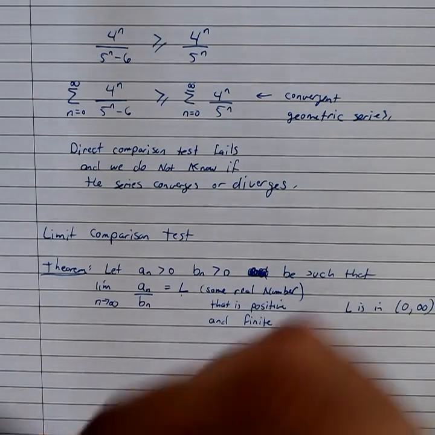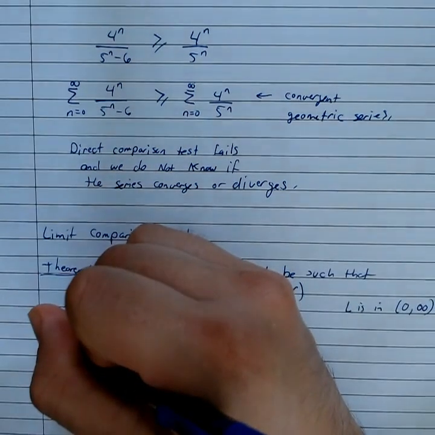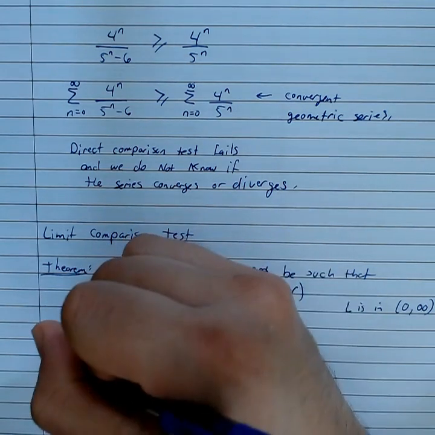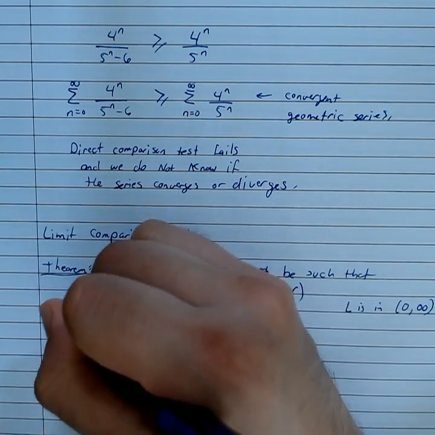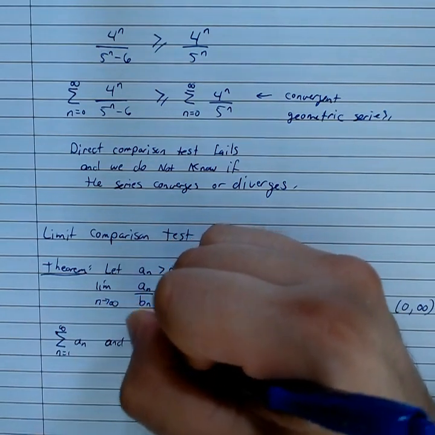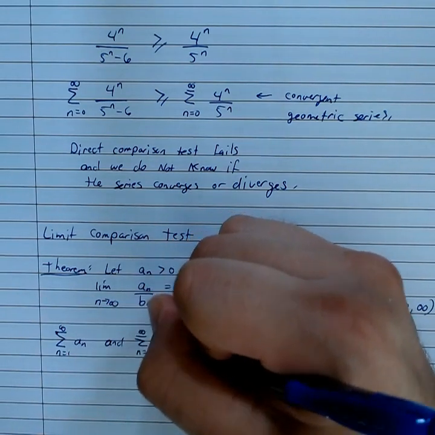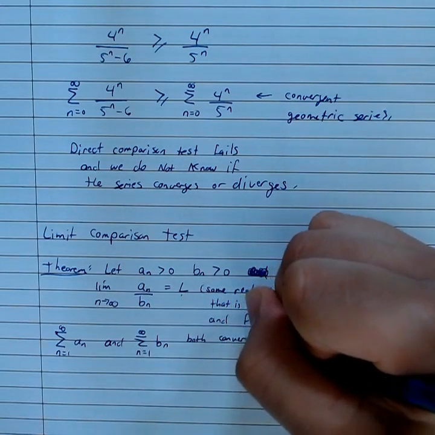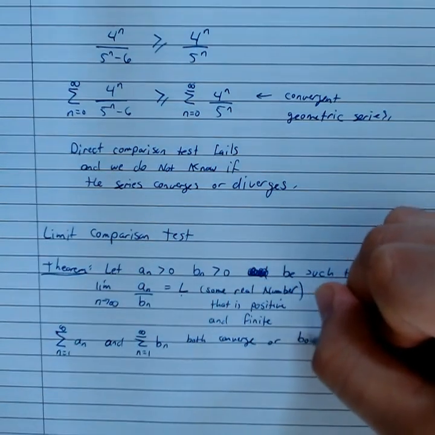If that's the case, the sum as n goes from 1 to infinity of a sub n and the sum as n goes from 1 to infinity of b sub n both converge or both diverge.